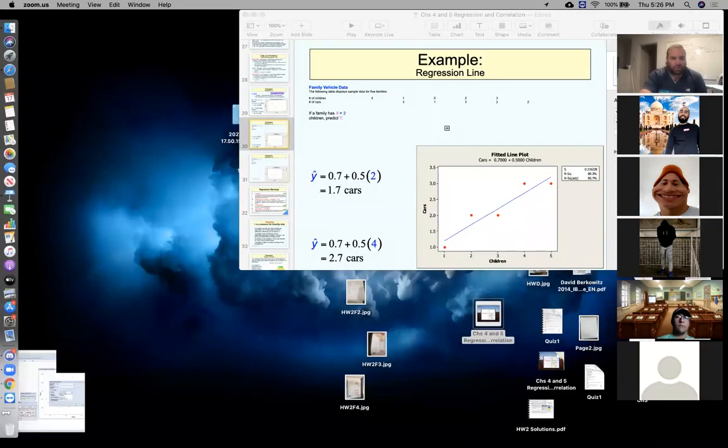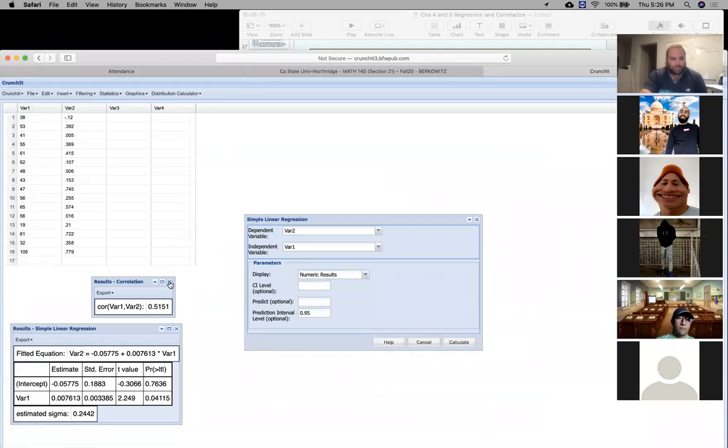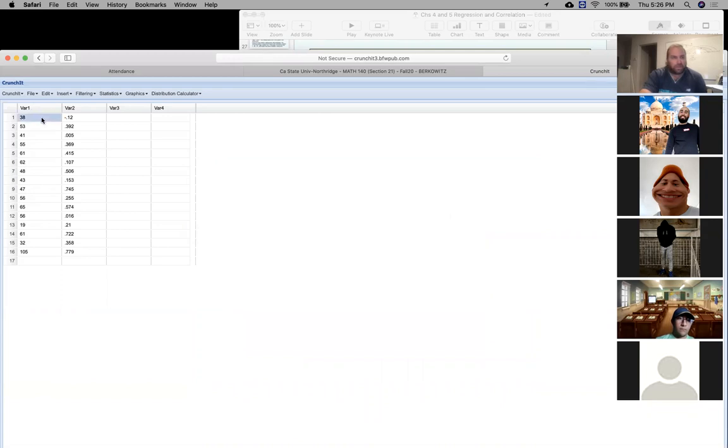So let's just get more practice with this. Let's load up Crunchit. Let's remove all this data here. There's got to be a way. Go to File, New, and it'll clear everything and make you a new one. Boom. Love it. Thank you.